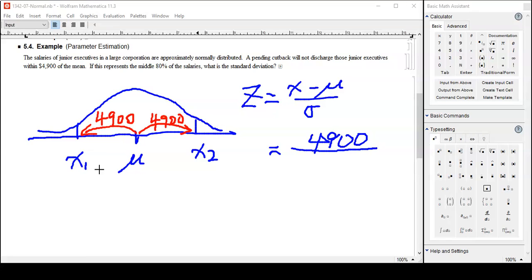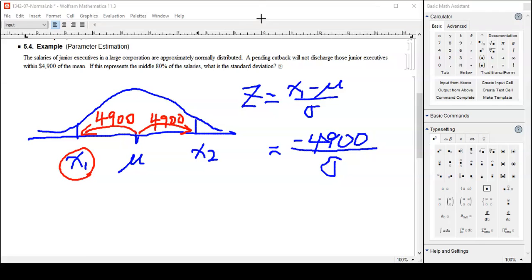For the left-hand side, it is negative 4,900, because x1 is less than mu, over sigma. If you use the right-hand side, then positive 4,900. Which one do I prefer? I decided to use the left-hand side one.